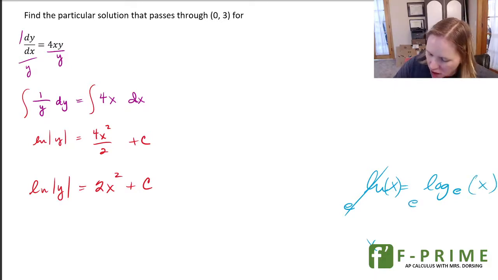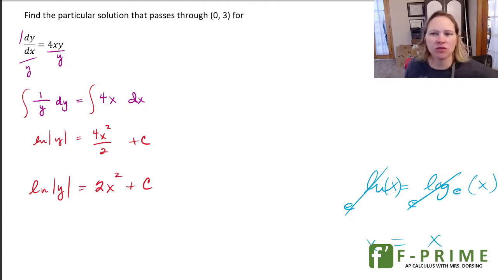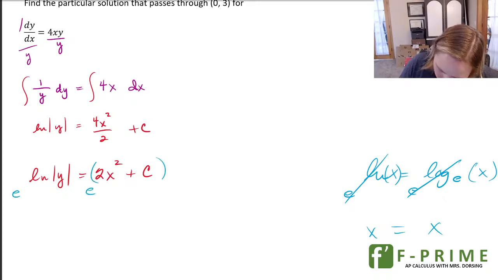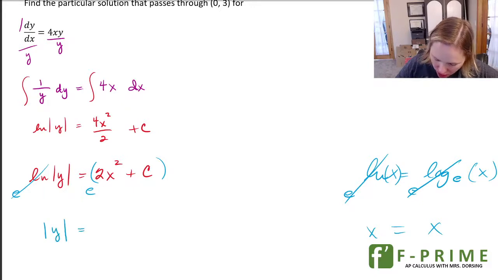So e to the log base e of x would just be x. So it's a notation that we're dealing with. So I'm going to raise each side as an exponent of e. So now the natural log and e will cancel away, and I'll be left with the absolute value of y equals.